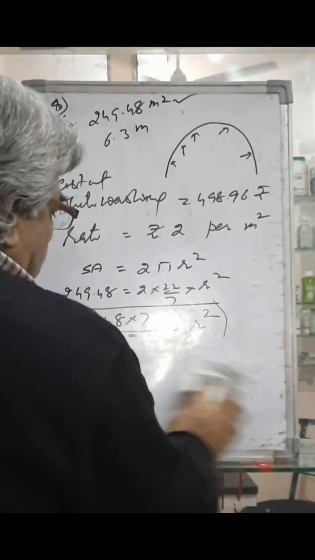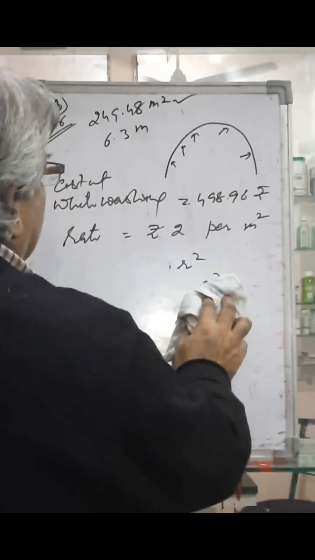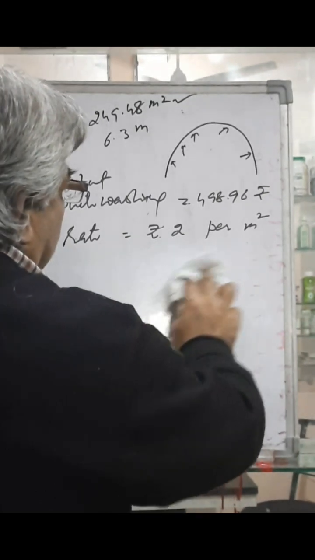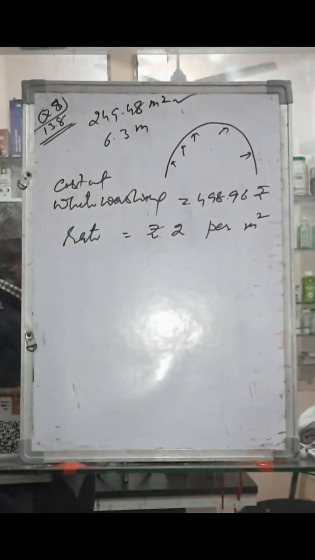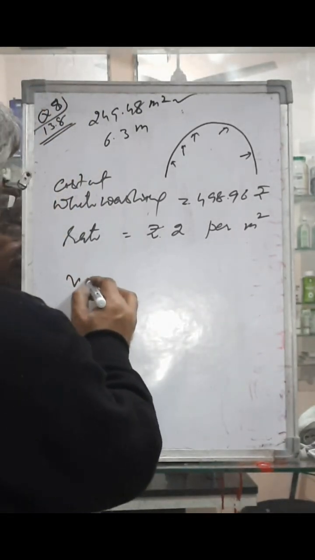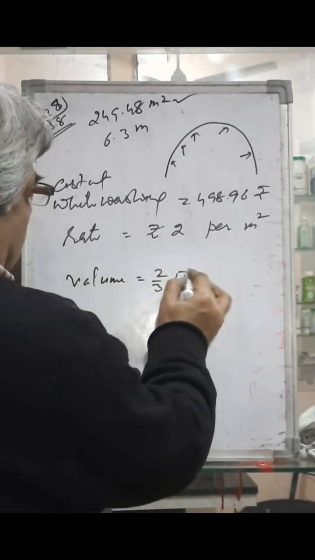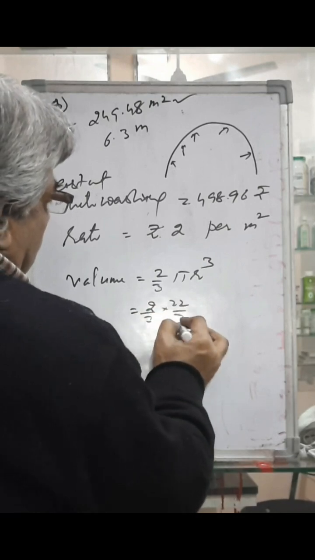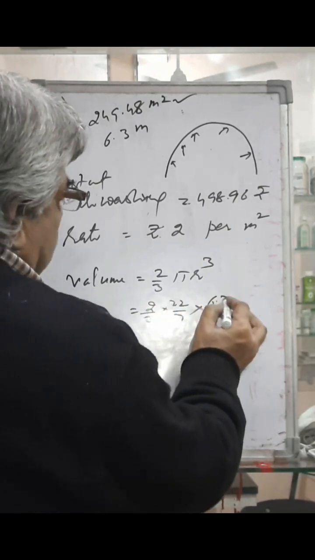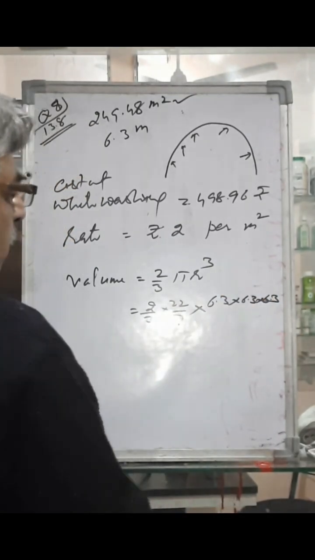Now we are going to calculate the second part, volume of air inside the dome, which is hemispherical. So volume of the hemisphere is given by the formula 2 by 3 pi r cube. 2 by 3 pi, r we have calculated 6.3 cube.